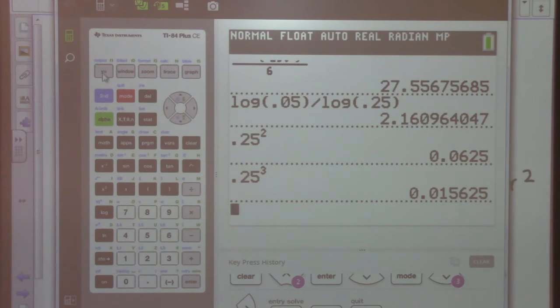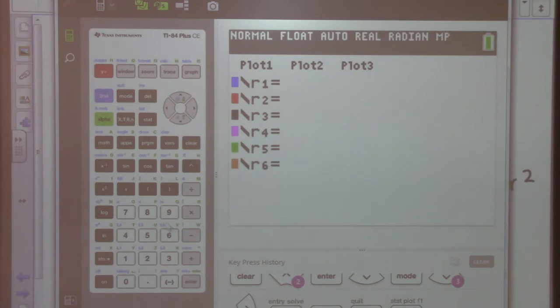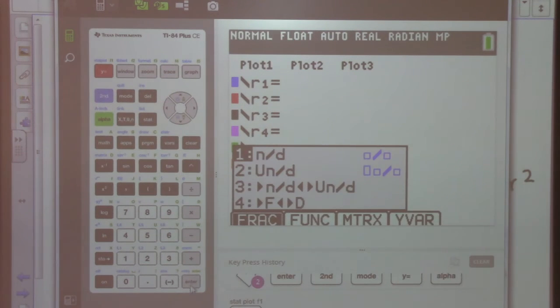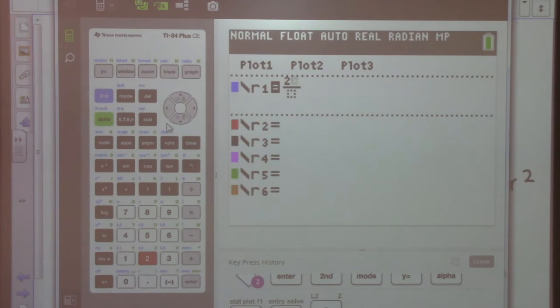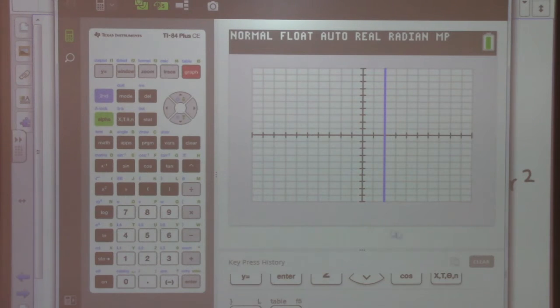So now we're going to go here, and I would want to put 2 secant theta, but we don't have any secant capability on this calculator, so we're going to have to put 2 over cosine theta. There we have it. So does that look right? Yes, it does.